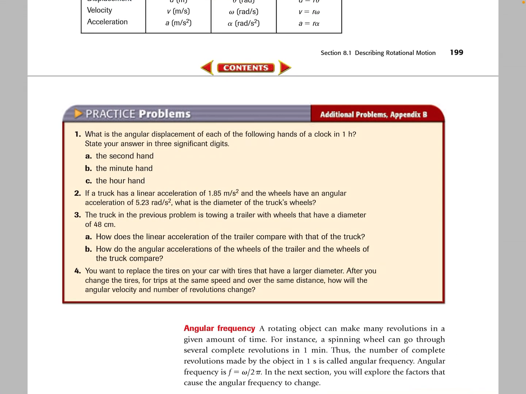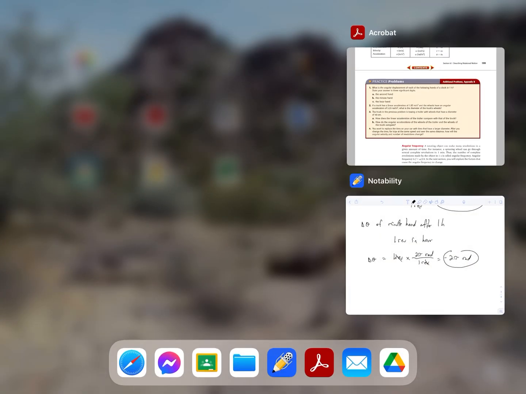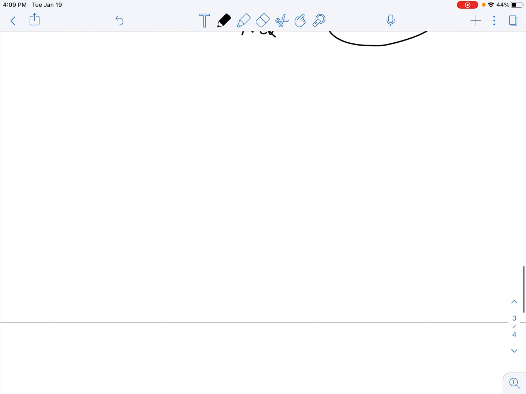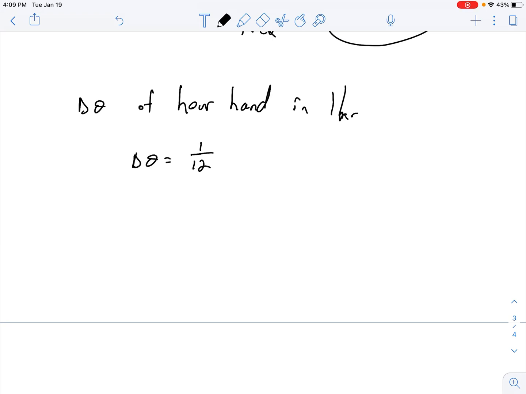Part C. We want to find the hour hand's displacement. So we want to find the displacement of the hour hand in 1 hour. Well, does it make sense, I hope, that the hour hand is going to make 1/12 of a revolution in 1 hour. In 12 hours, it'll go all the way around the clock once, so in 1 hour, it's going to go 1/12.